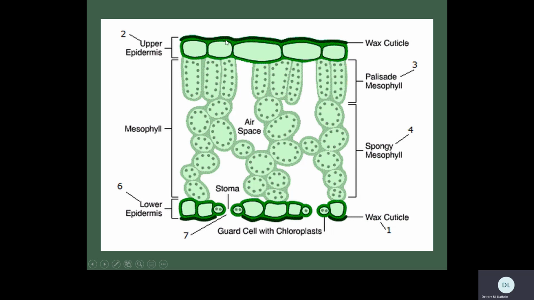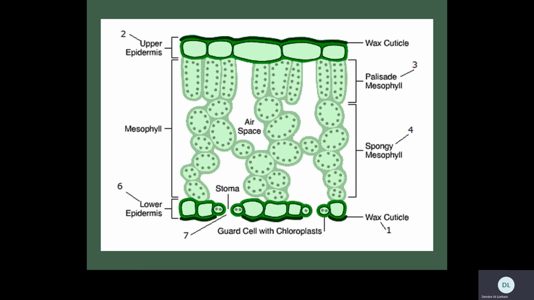Then if you move down to the next layer, it's called the epidermis, which is similar in name to the human, of course. And that epidermis is the outer layer of skin, if you like, on the leaf of the plant. Then we also have a thing called a lower epidermis down here at the bottom, because obviously your leaf is a flat structure.